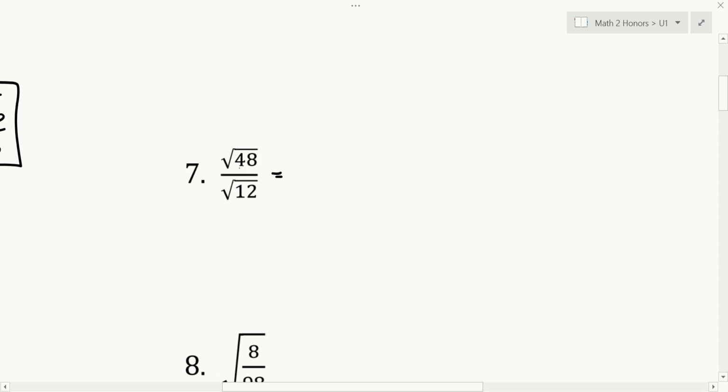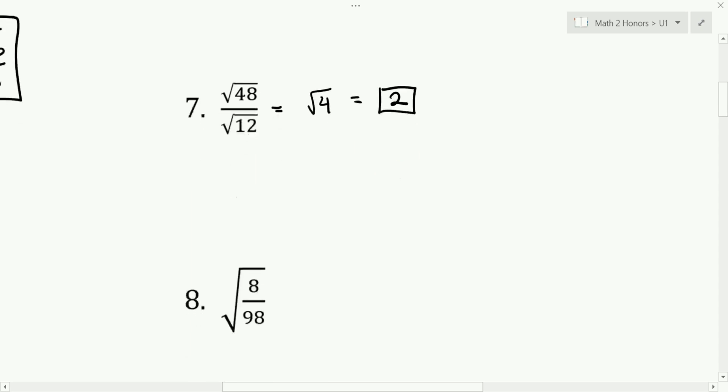And so how many times does 12 go into 48? And so this one works out really nicely for us. How about 8? It's a good first step. Reduce. Always reduce if you can reduce first.